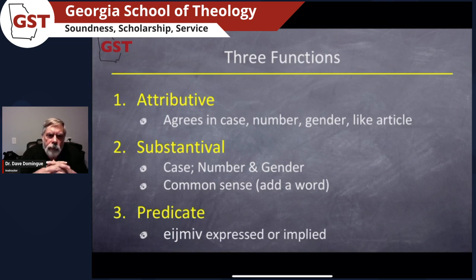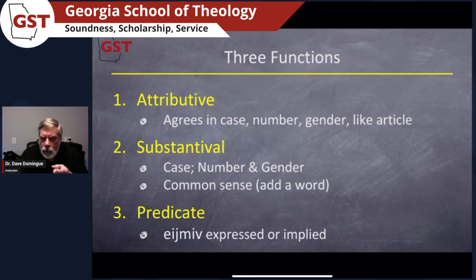And the attributive, when the adjectives function attributively, it's going to agree in case, number, and gender with the noun it's modifying, that it's attributing to, that's qualifying, just like the article does. So this is nothing new. The adjective will be in agreement in the case.